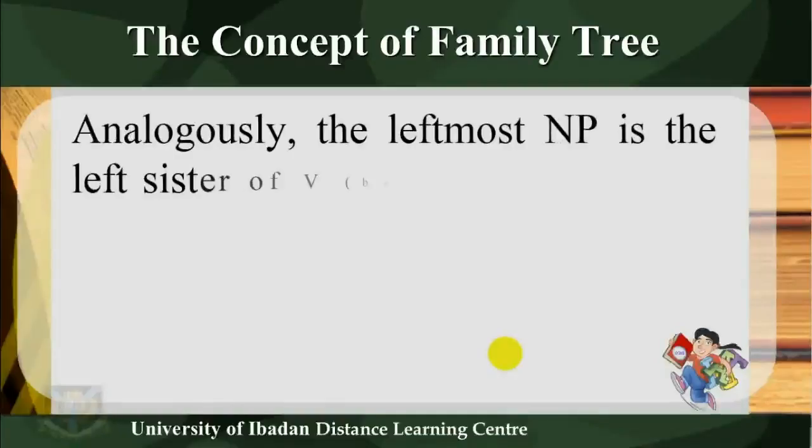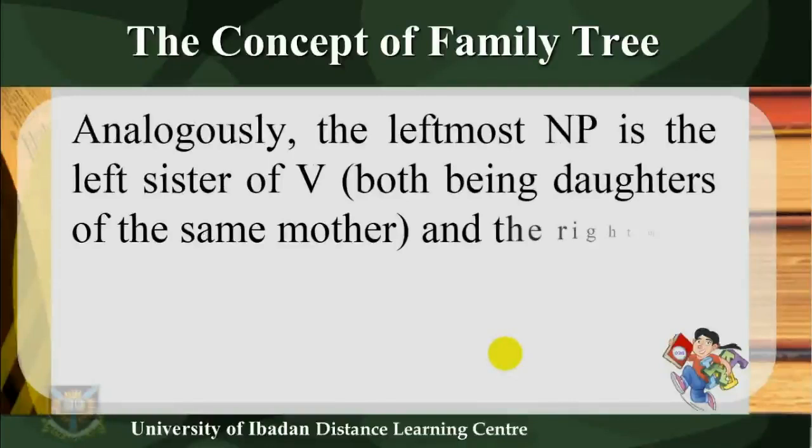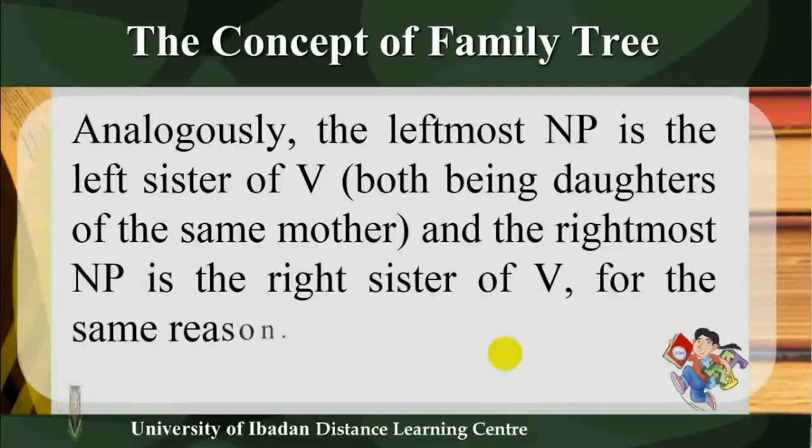Analogously, the leftmost NP is the left sister of V, both being daughters of the same mother, and the rightmost NP is the right sister of V for the same reason.